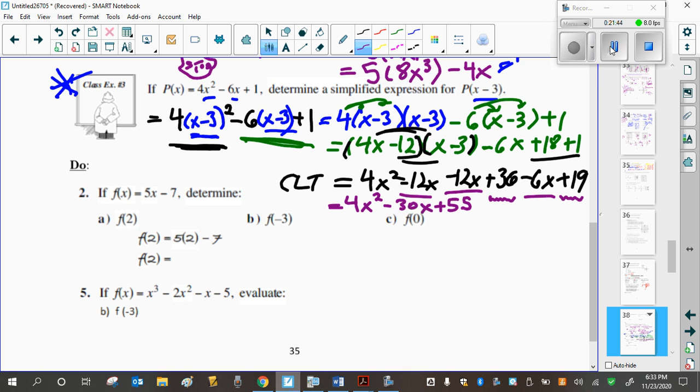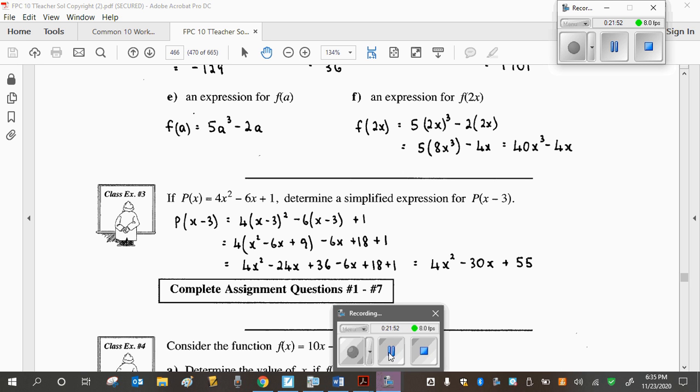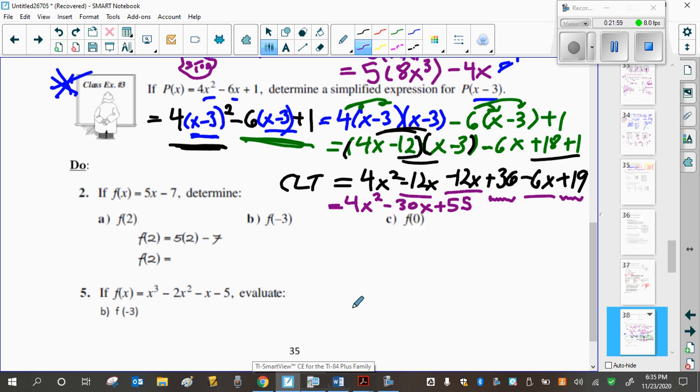Pause. Okay, just confirming that work with the answer key, and we got the exact same thing. 4x squared, subtract 30x, plus 55. So we got it right.